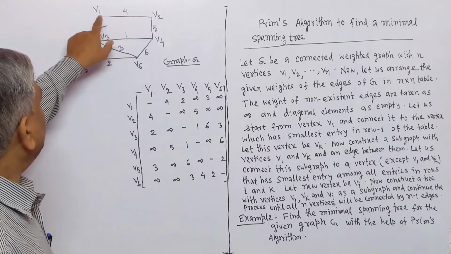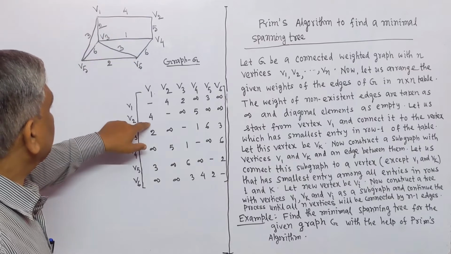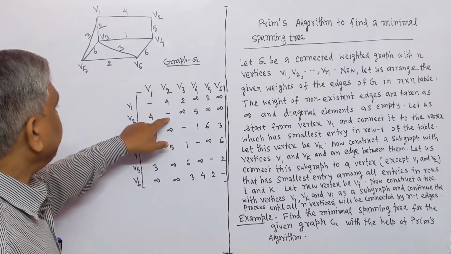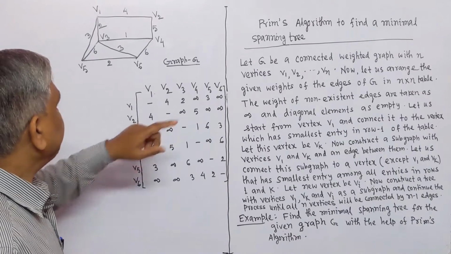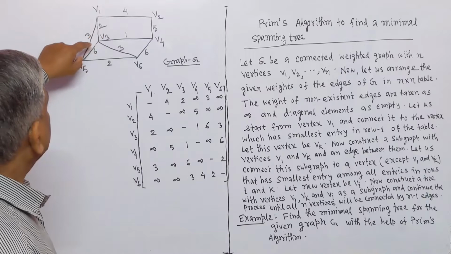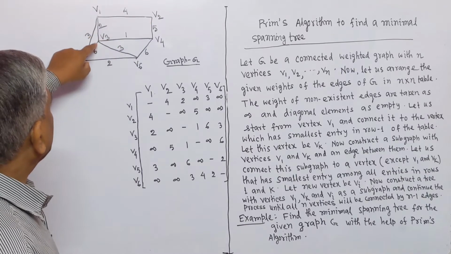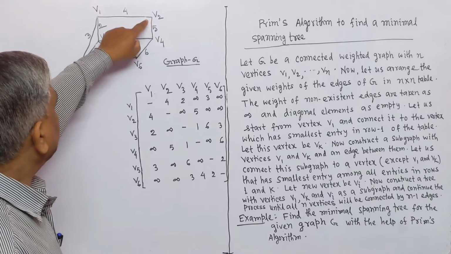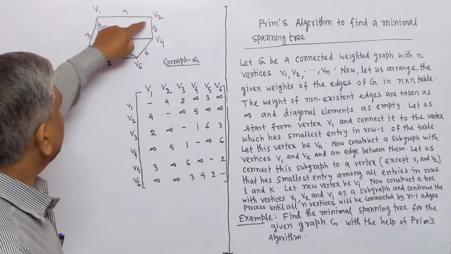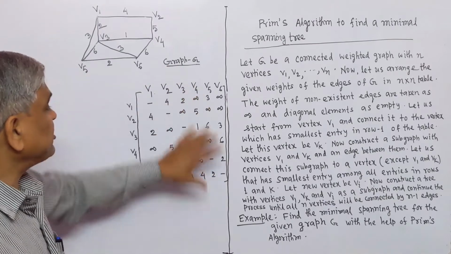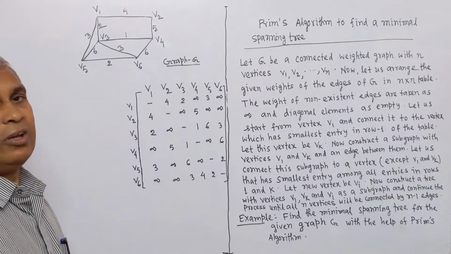The weight of this edge is 4. V2, V2 edge. Here we write empty weight. Here V2, V3. V2 and V3 vertices are not directly connected by any edge, so the weight of this edge will be infinity. And similarly we construct this table.